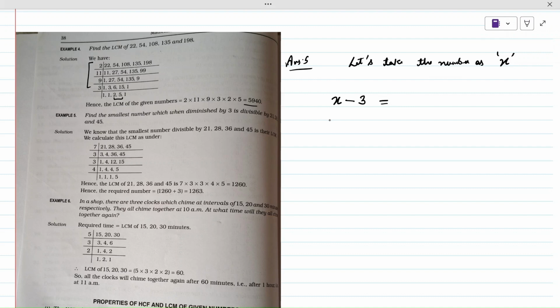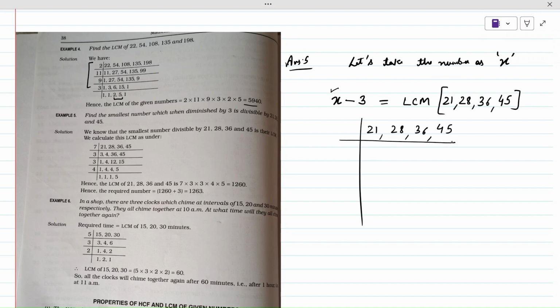So can I say that we need this smallest number which when subtracted by 3 will give us the LCM, because it will give us the smallest number which is divisible by 21, 28, 36 and 45, right? We need something like this. So let us try to find the LCM of this number.